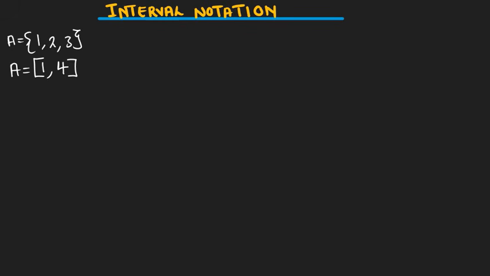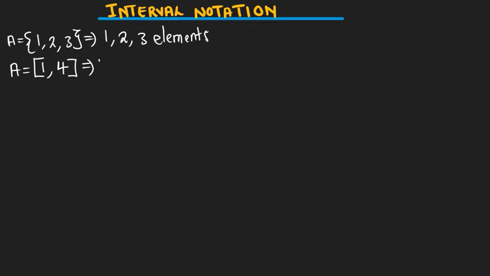This particular set is telling you that you only have 1, 2, 3 elements. But this particular set is simply telling you that there are numbers in between, but we can't see them.